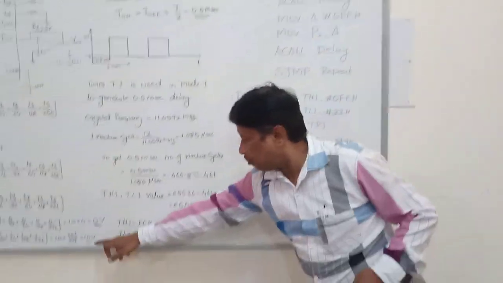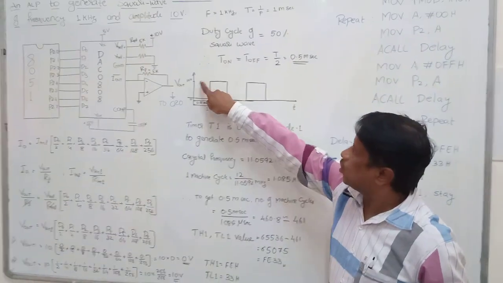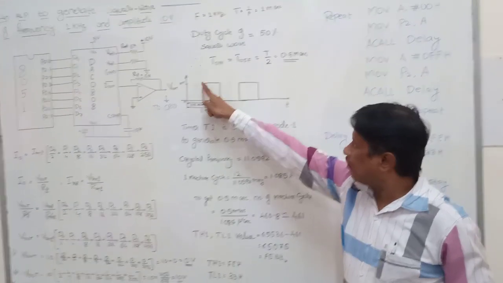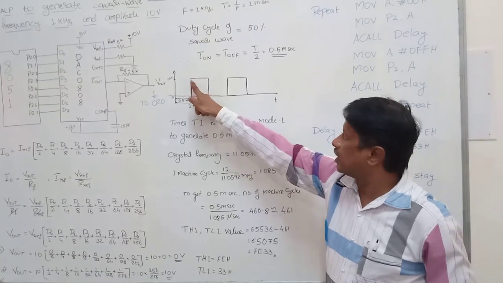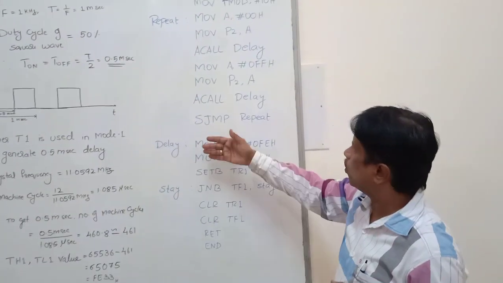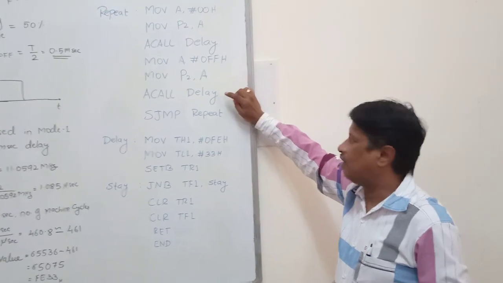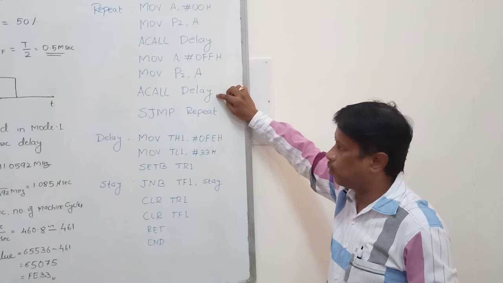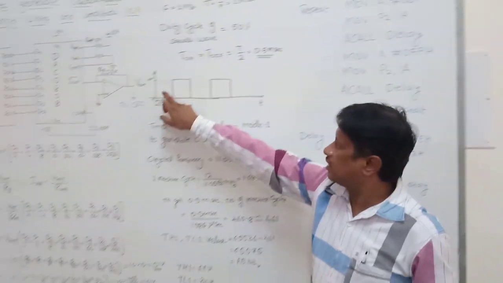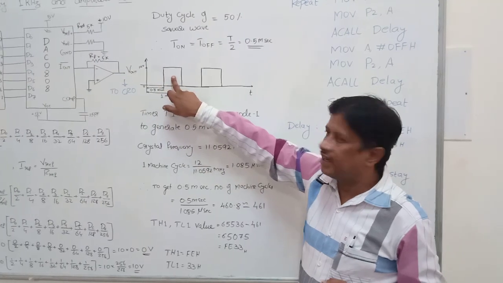By giving FF, we get 10 volts of the square wave. After that I should generate a delay of 0.5 millisecond, so I call this delay program again. After generating the delay of 0.5 millisecond, I have generated T off, and then T on.